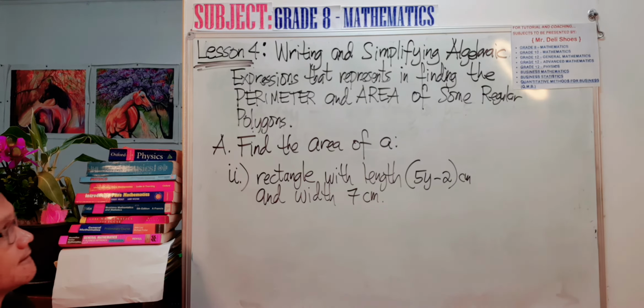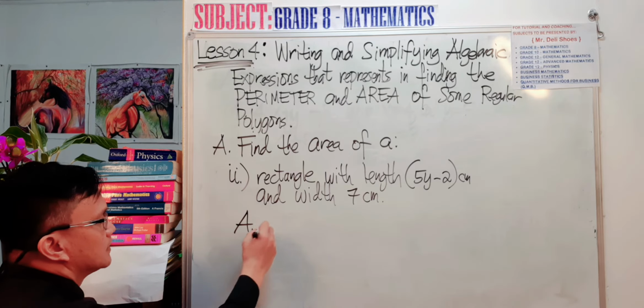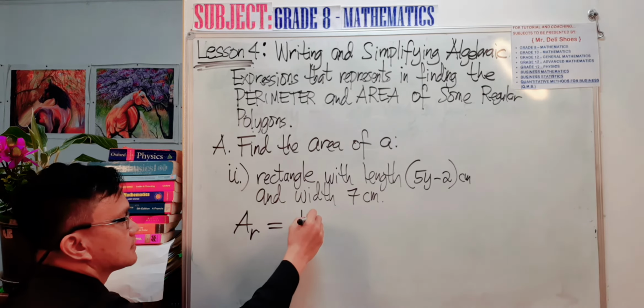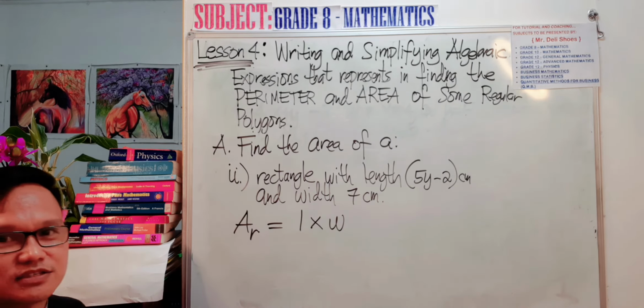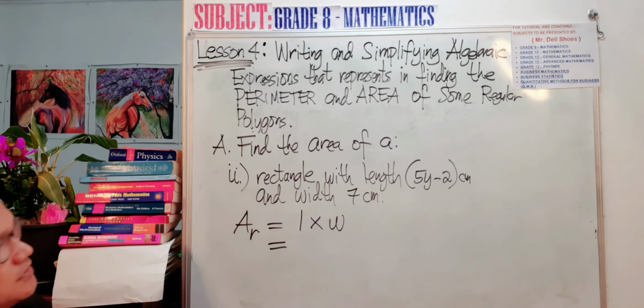Okay. So the area of the rectangle is equal to length times width. This one is straightforward. It's very easy, but be careful.